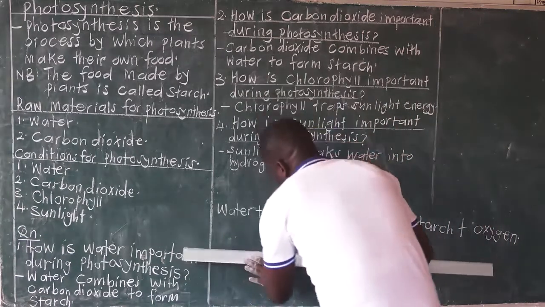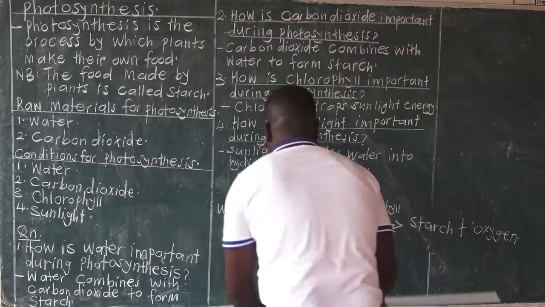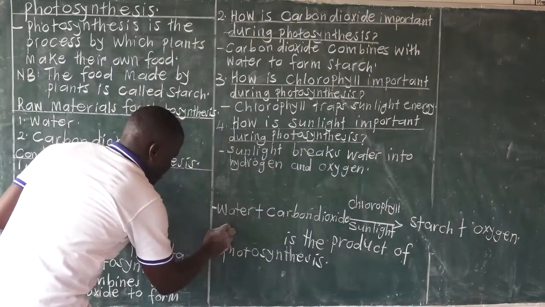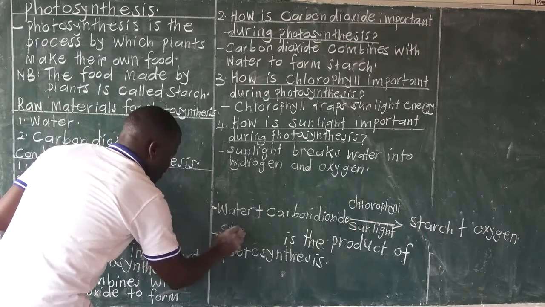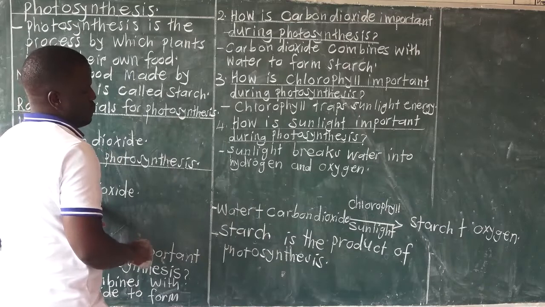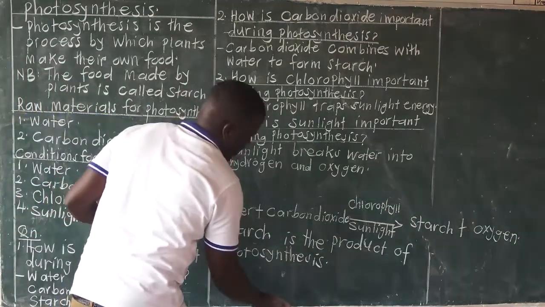So here we shall say starch is the main product of photosynthesis.